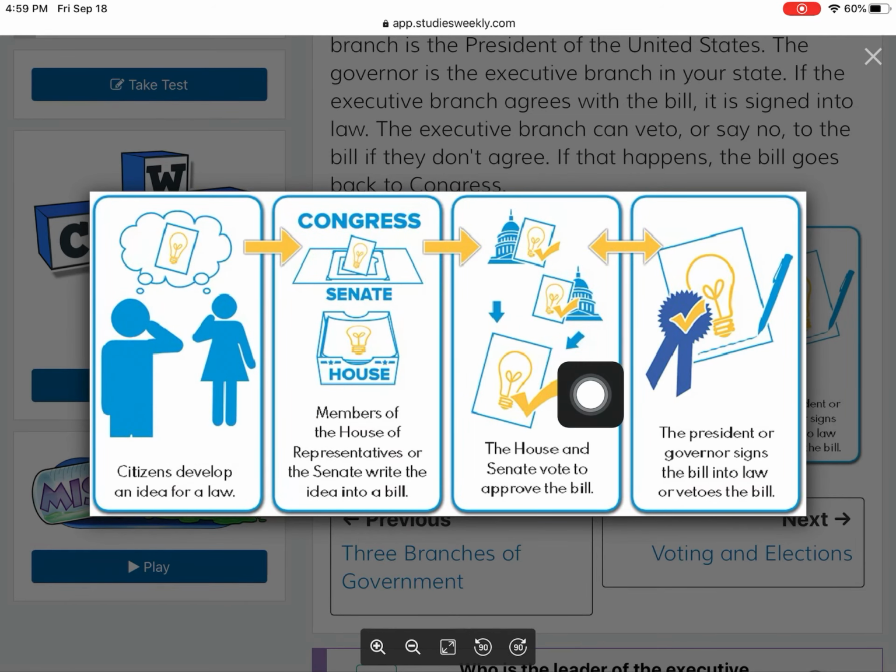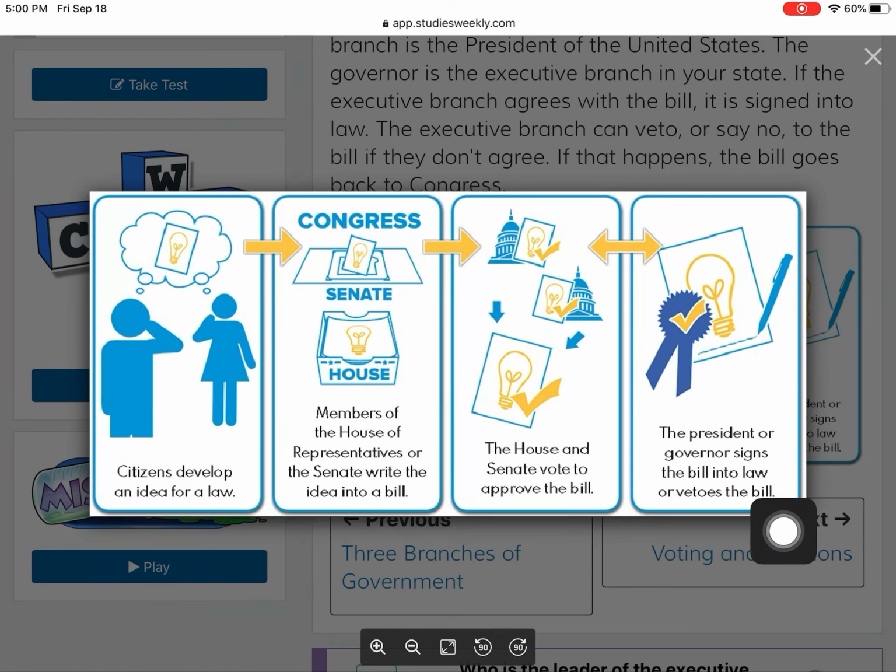That bill then gets put in front of our House and our Senate representatives of Congress. They can vote to either say, yes, we approve that bill. Approve means that the bill is passed. During this step 2, they could also veto the bill. They could say no to that bill.